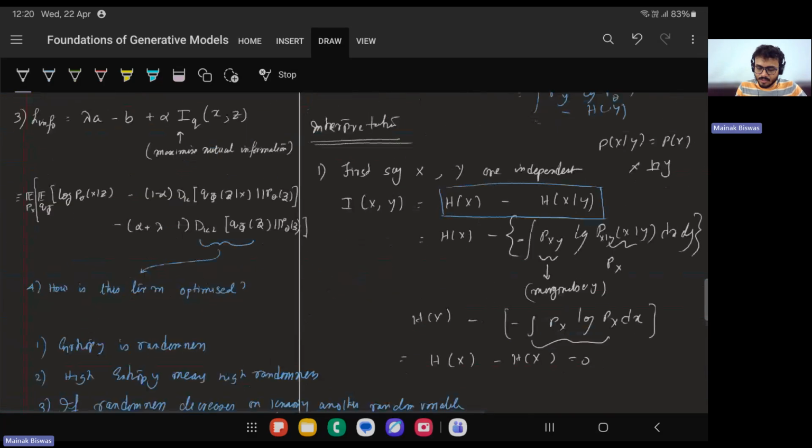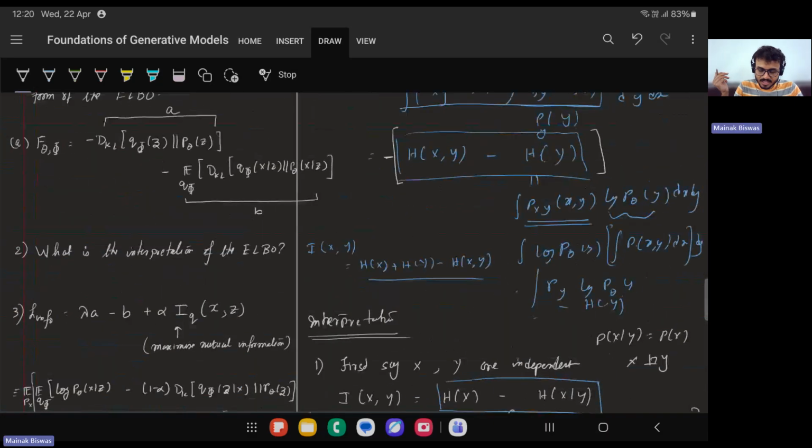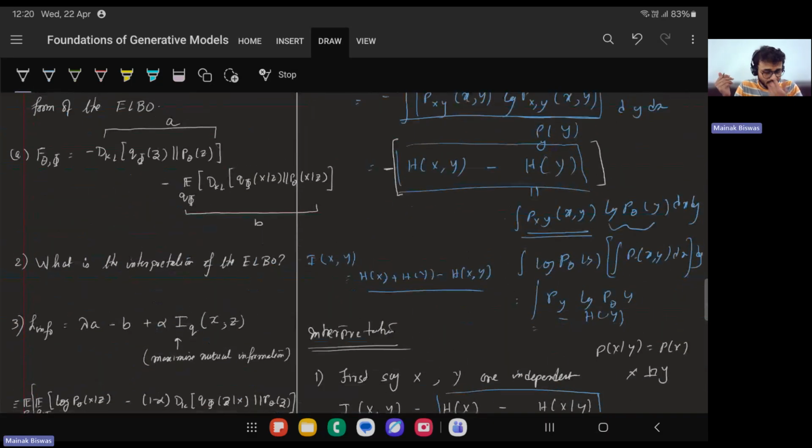Now, for the remaining half an hour, I'll do different forms of the ELBO, and I'll show you what the objective function of the info-VAE is. That's the objective of our next 15-20 minutes.